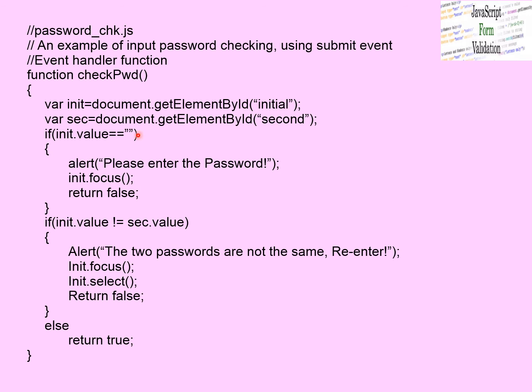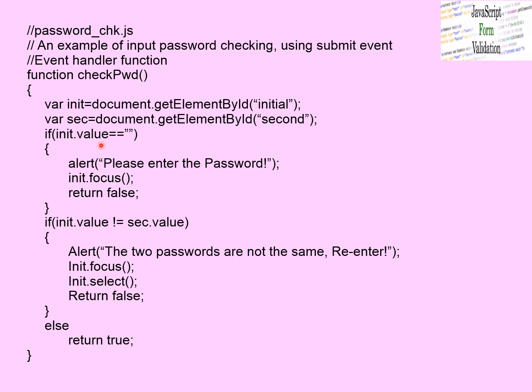If the values in both text fields mismatch, it produces an alert message like "Please enter the correct password," or "The two passwords are not the same." Here the first element's data is kept in init and the second element's data is kept in the second variable.